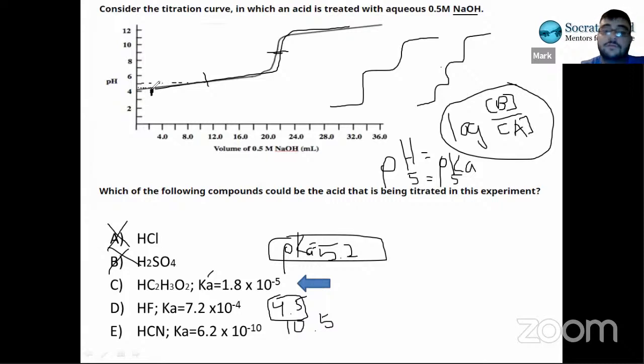Even though 4.5 and 5 are close, and I said they usually won't give you something close, they're asking you to estimate, and they made it easy enough to differentiate because 5 is over here. You can draw the line. 4.5 would be somewhere right here, which is very clearly far away from the midpoint. So that's why I would say the answer would be C.